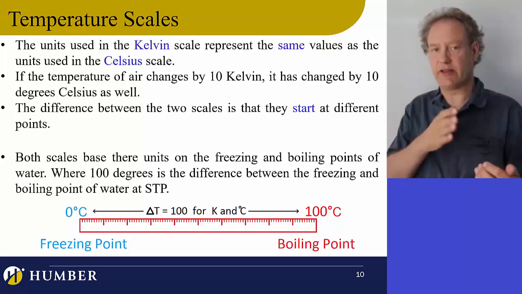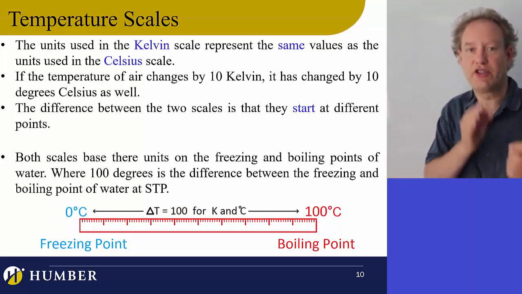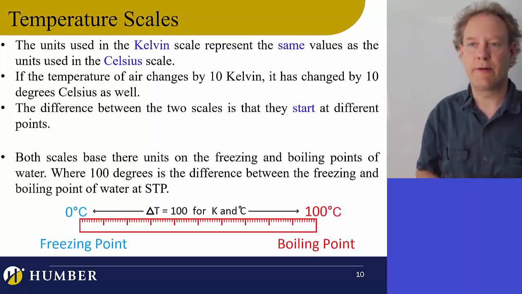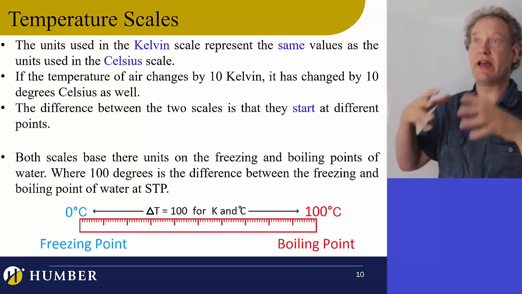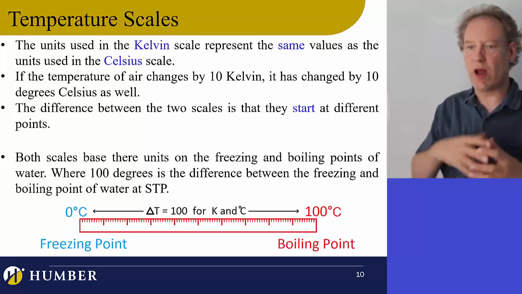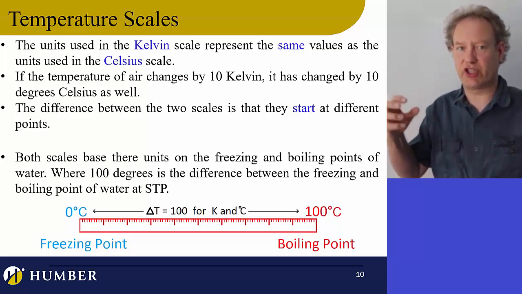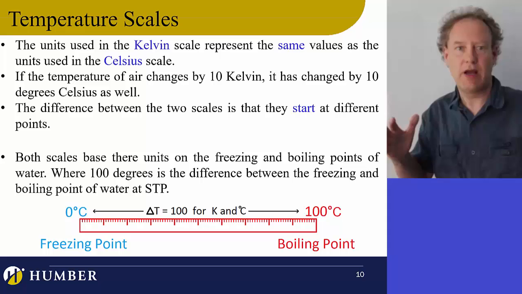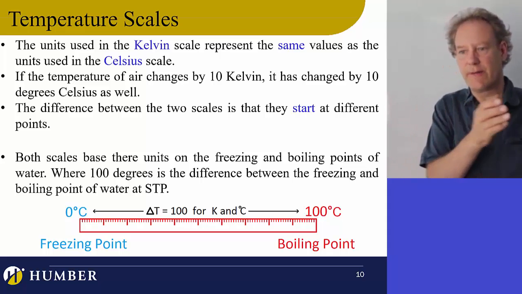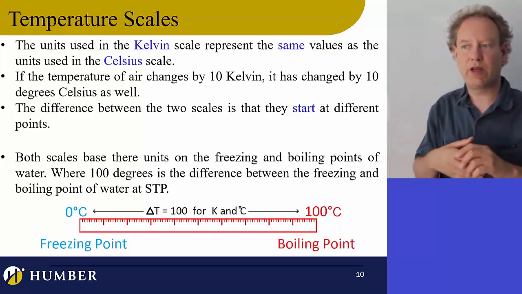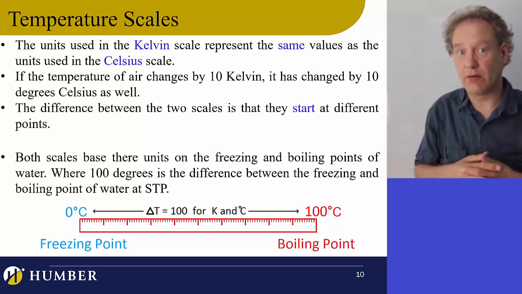When it actually freezes, we'll call that 0 degrees Celsius. Now, let's boil it, again at the same pressure, 14.7 psi A. And when it starts to boil, we'll call that 100. Now, we'll break that up into 100 little pieces, and we'll call each one of those 1 degree. Well, we can also call each one of those a Kelvin, actually.